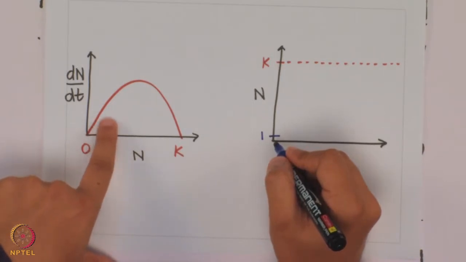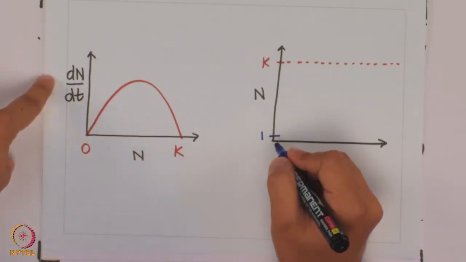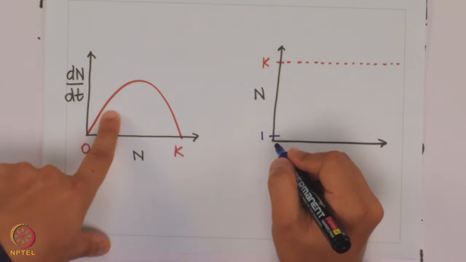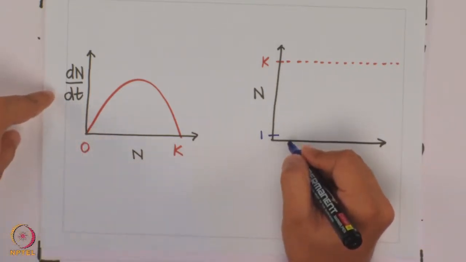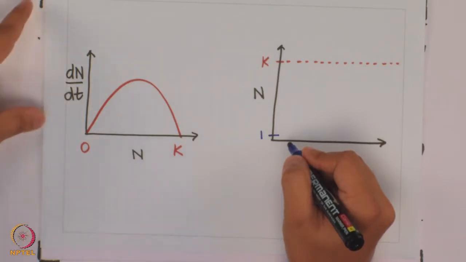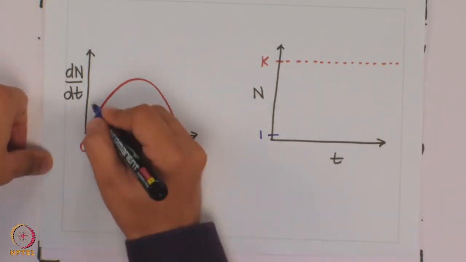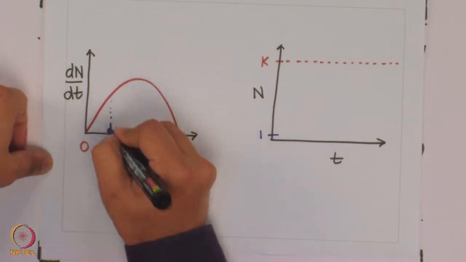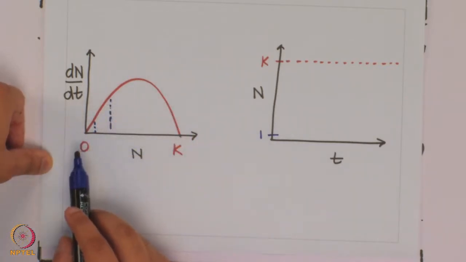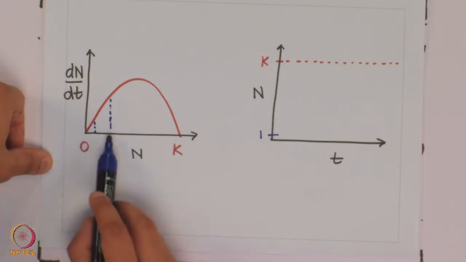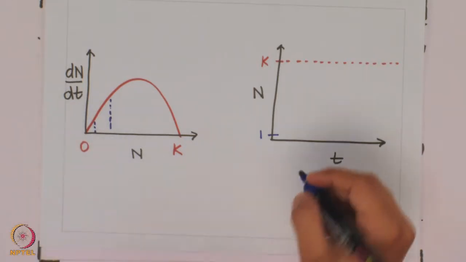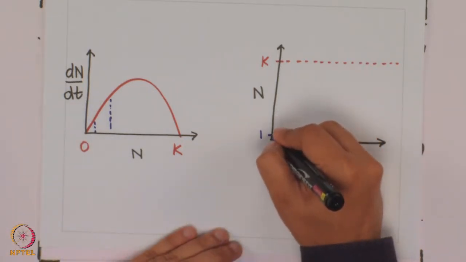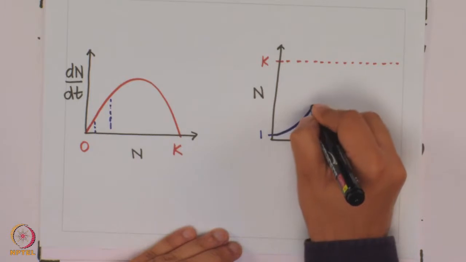but as n increases, the rate at which the change in the number of individuals is happening with time also increases, which means as I go forward in time, the change is happening more and more rapidly. dn by dt at this point is much higher as compared to dn by dt at this point, which means more individuals per unit time are being added here as compared to at a lower value of n, which means that as I go forward in time, the population growth speeds up.